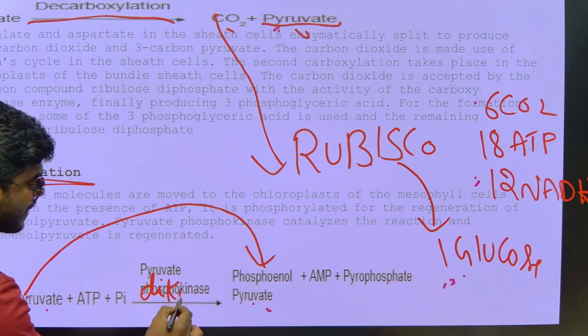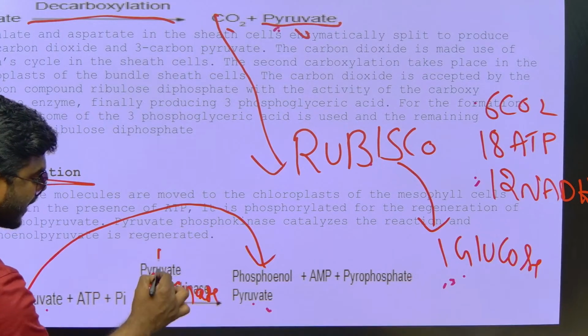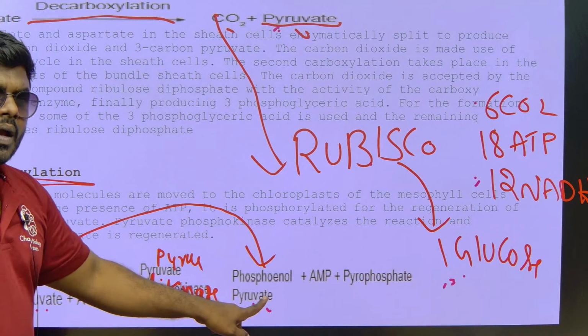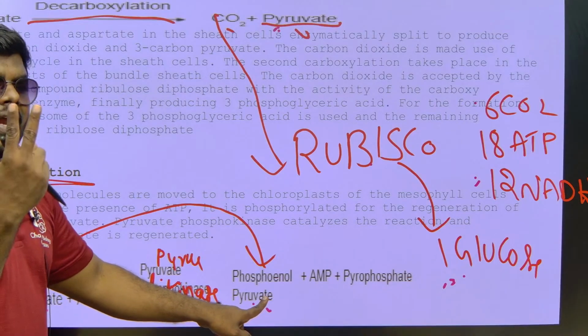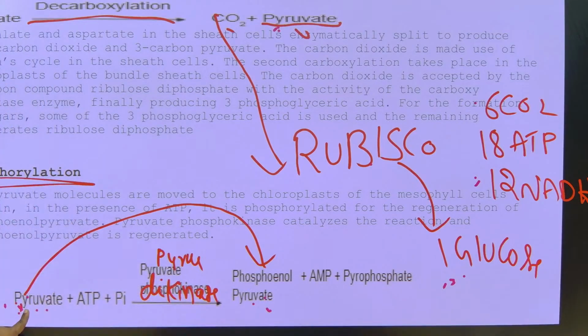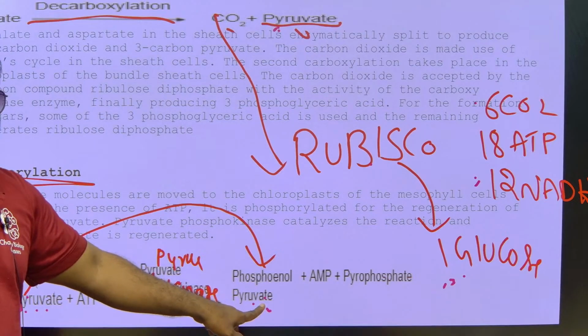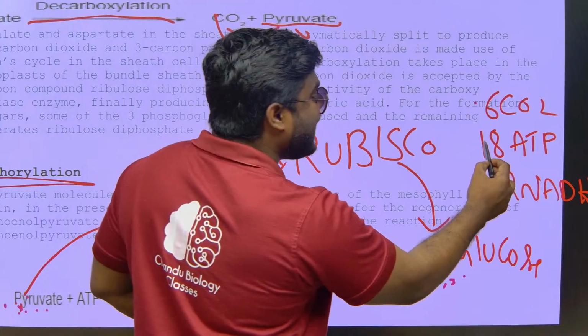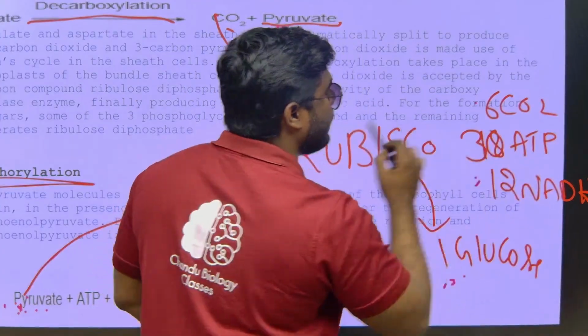There is an enzyme called pyruvate dikinase. Which means friends, in order to convert one pyruvate, it uses 2 ATP. So to convert 6 pyruvate, how many? 12. So 18 plus 12? 18 plus 12, 30 ATP.